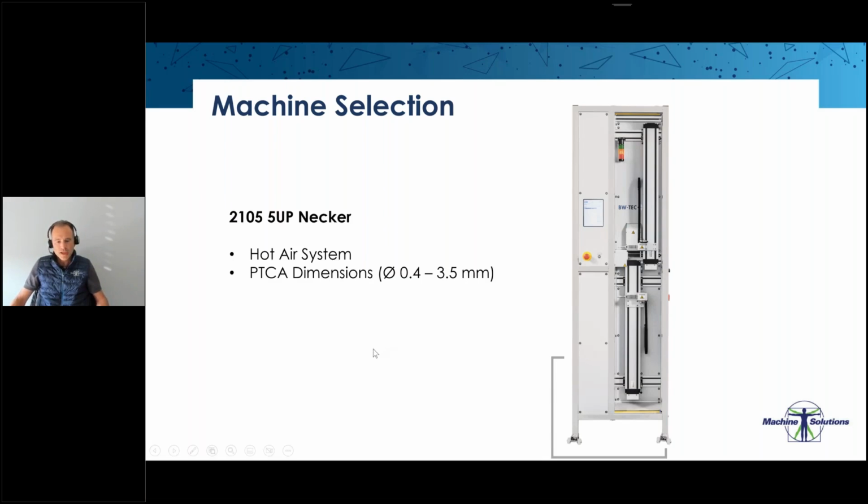This machine has as its core technology a hot air system. This one is especially made for high volume for PTCA dimensions, so from diameter 0.4 to 3.5 millimeters.